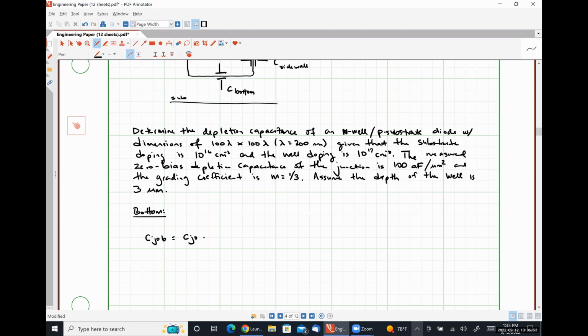So then we're going to multiply this by the bottom area. And then we're going to multiply this by our scaling factor squared, where the bottom area times our scaling factor squared is actually going to give us the physical dimensions of that particular capacitor, okay? So for us, this is going to look like 100 times 10 to the negative 18 farads per micron squared.